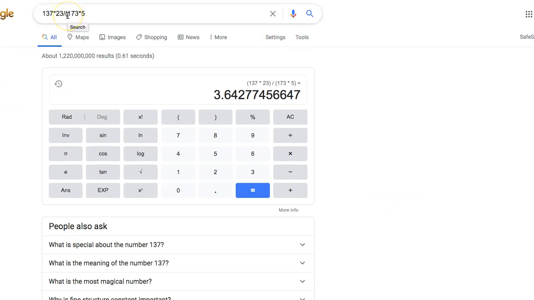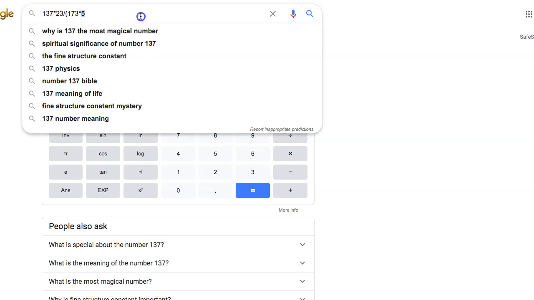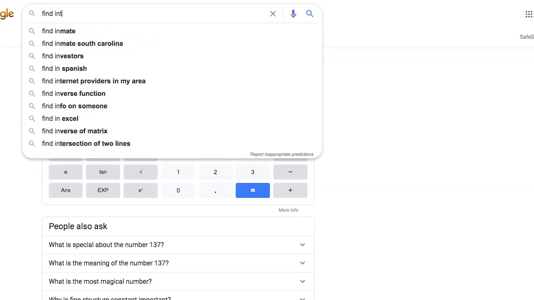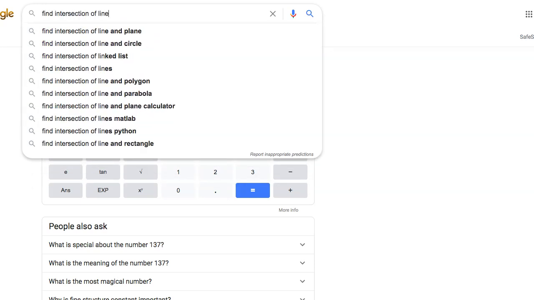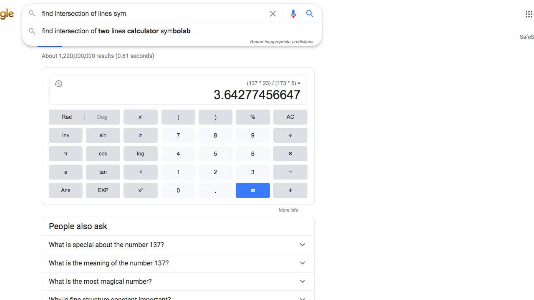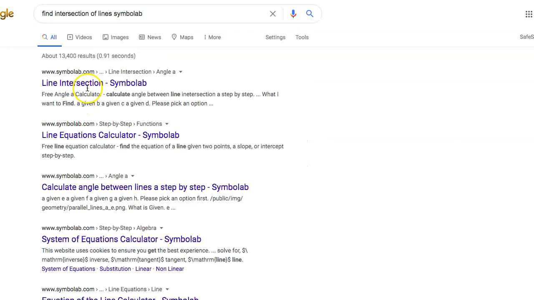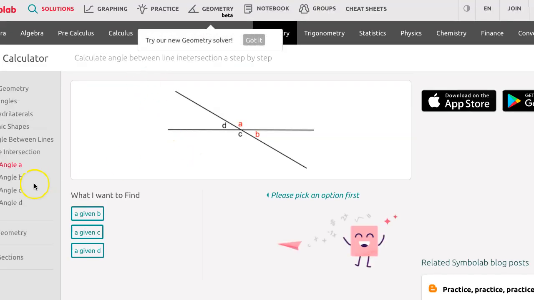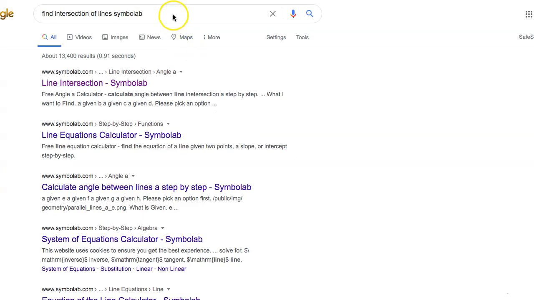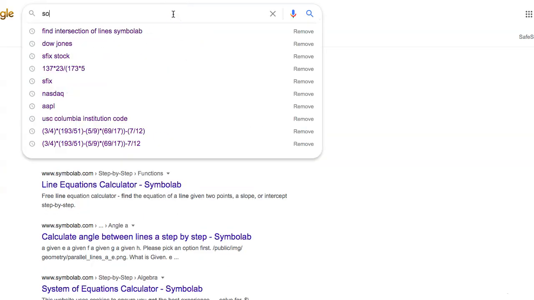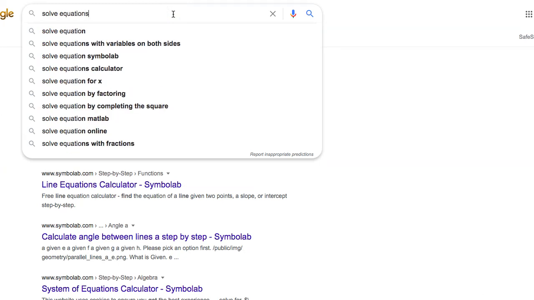No, I'm afraid so. Well, that beats all. Let me see. Find intersection of lines. Symbolab. I can't figure out what I did wrong. Solve equations, Symbolab.